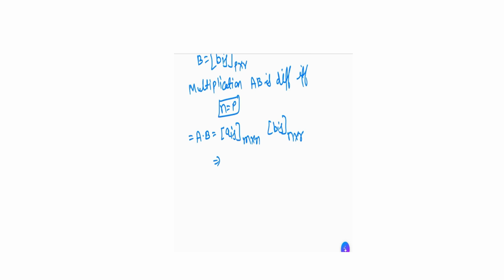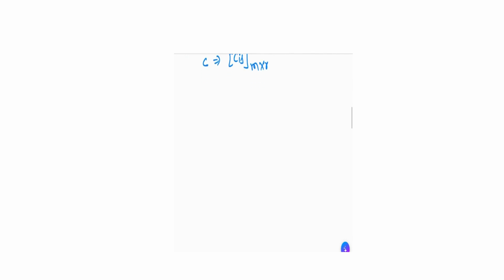Let us define C equal to AB, so C equals cij of m cross r. Take a simple example: A equals aij of m cross n, B equals bij of n cross m.